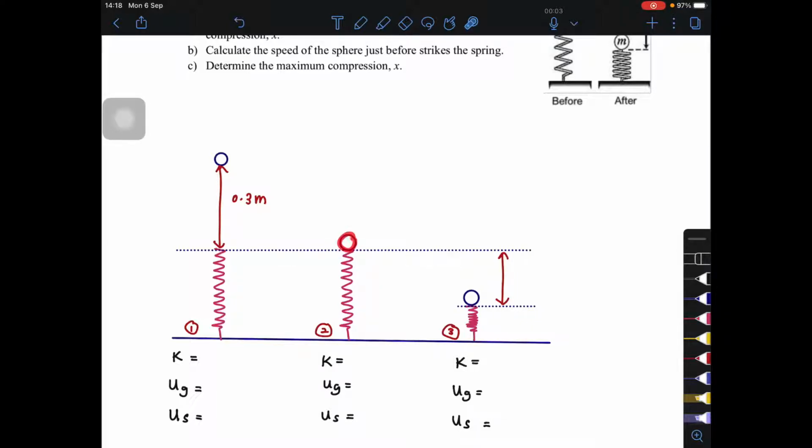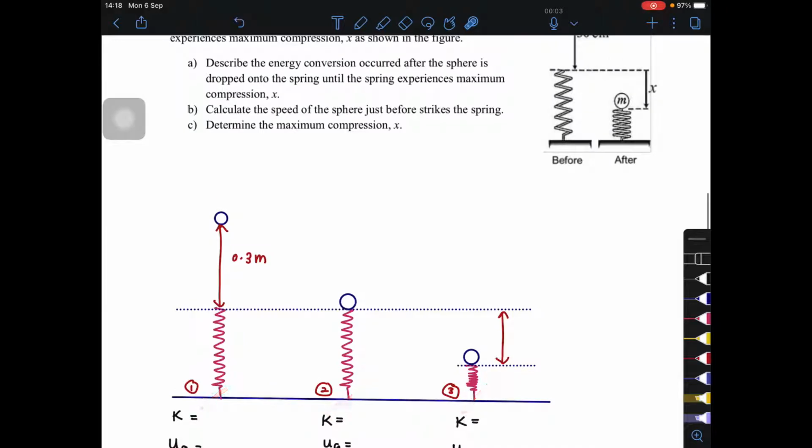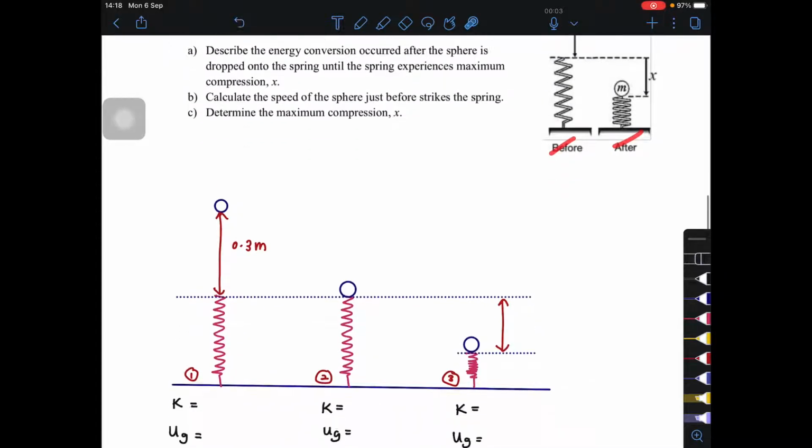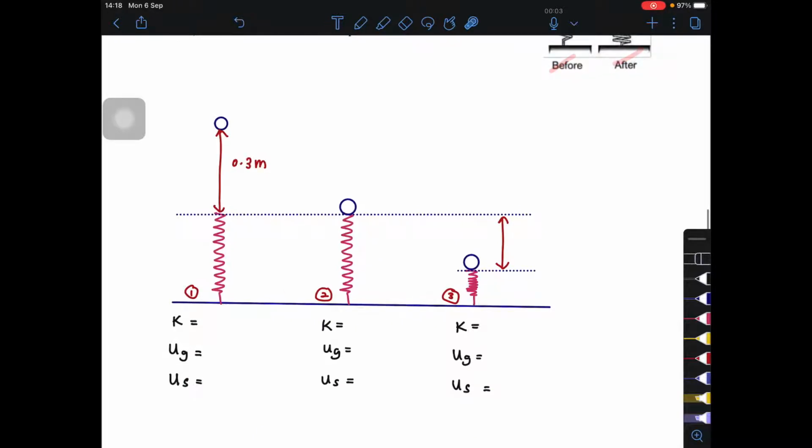Lepas dia sampai, kita tahu dia akan menyebabkan spring ni untuk experience maximum compression. Okay, so ada 3 situasi dekat sini untuk kita lebih senang tengok berbanding kalau kita hanya tengok before and after here. So at each situation, let's identify what are the energy involved.